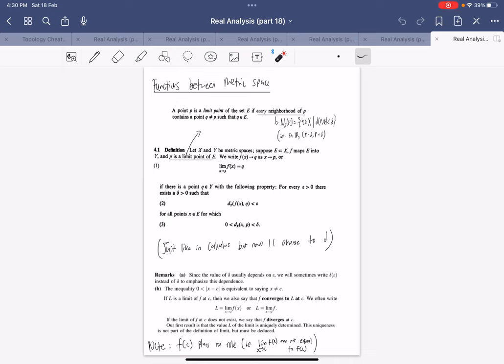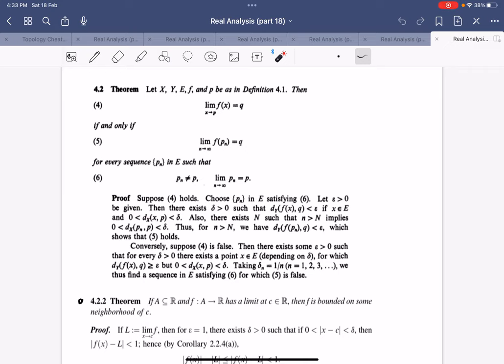Because p_n approaches p, there will exist a cutoff such that the distance between p_n and p is less than epsilon. And so now we can find a cutoff such that |f(p_n) - q| is less than epsilon.